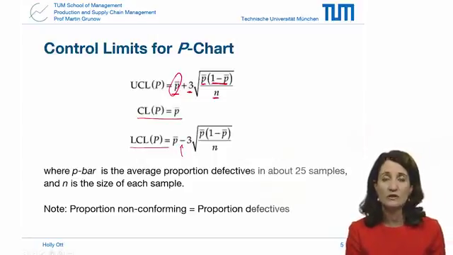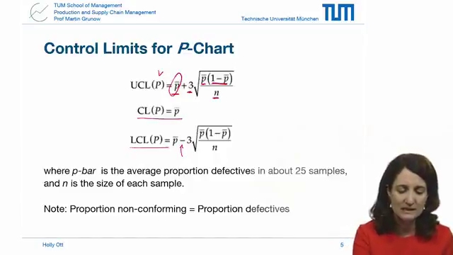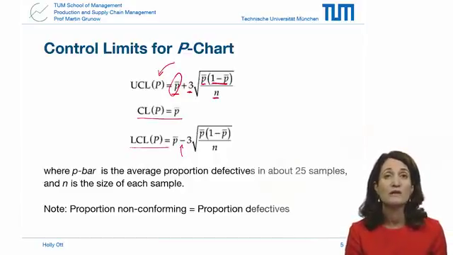We're not showing the derivations of these. This is in our textbook if you want to look further. But what we're interested in here is that this statistic P is related to the random variable D, the number of defective units in the samples, which is binomially distributed.